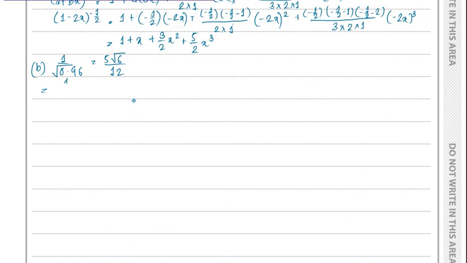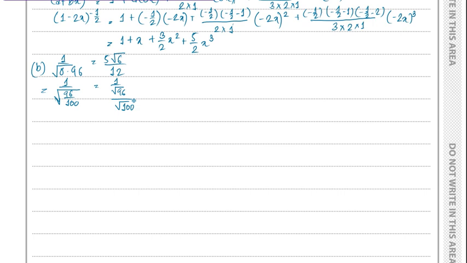Root over 0.96 can also be written as root over 96 by 100. Rather than writing it as root over 96 by 100, I'm giving the root to the numerator and also to the denominator.